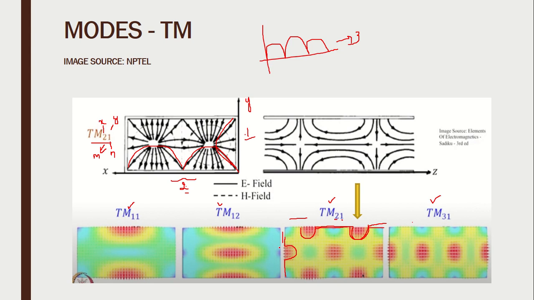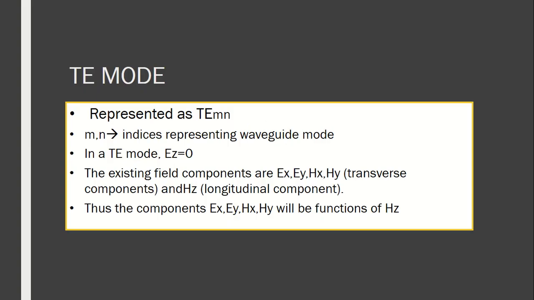So here we have only 1 half sinusoid and that is why this is called a TM21 mode. You can check the similarities in the TM11, 12 and 31 modes also. But in our prescribed textbook, we are given the field components of only the TM21 mode. So let us try to analyze that particular mode alone. Just to make you clear, the 2 represents the number of half sinusoids in the x direction, and 1 represents the number of half sinusoids in the y direction.